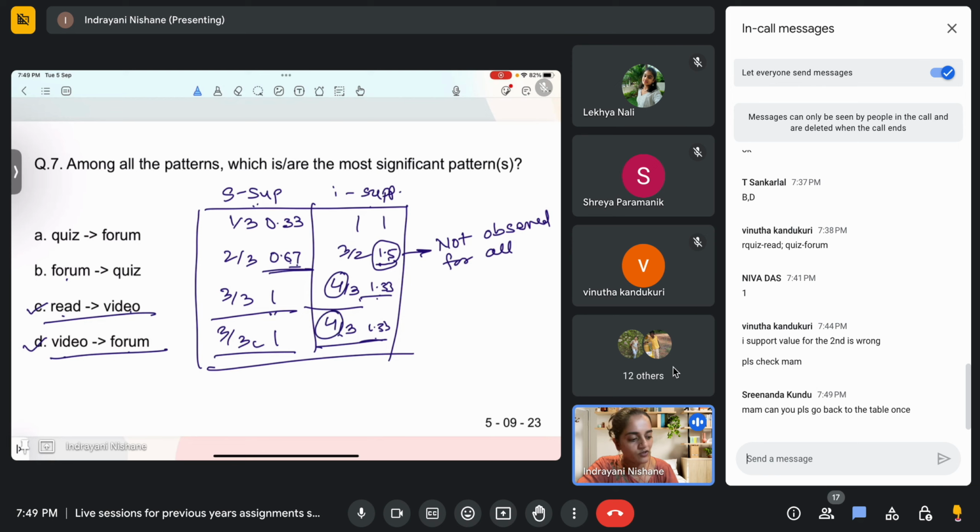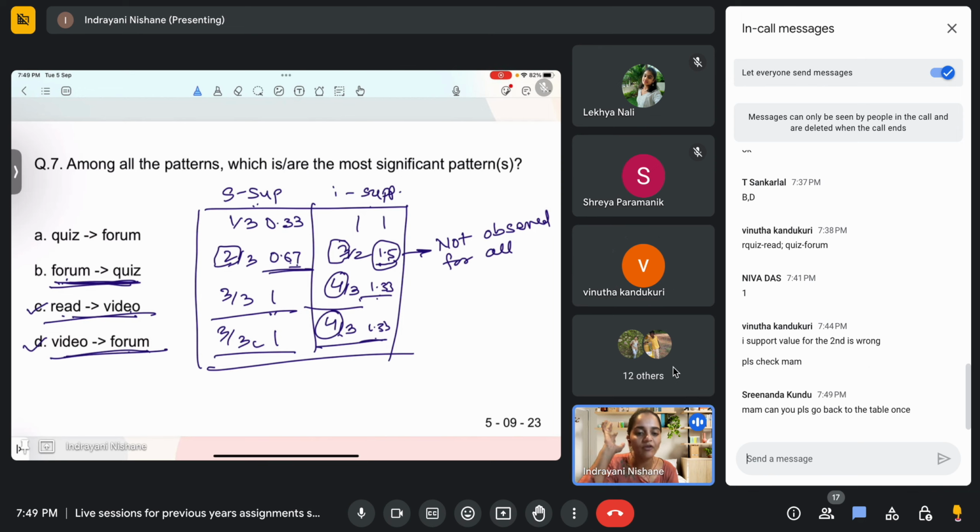Forum to quiz is observed only for 2 students and 3 times. So if we want to consider the most significant, meaning the most important, which gives us more details about how they are behaving or performing actions, it is the read to video transition and video to forum, because forum to quiz is not performed by that one student.